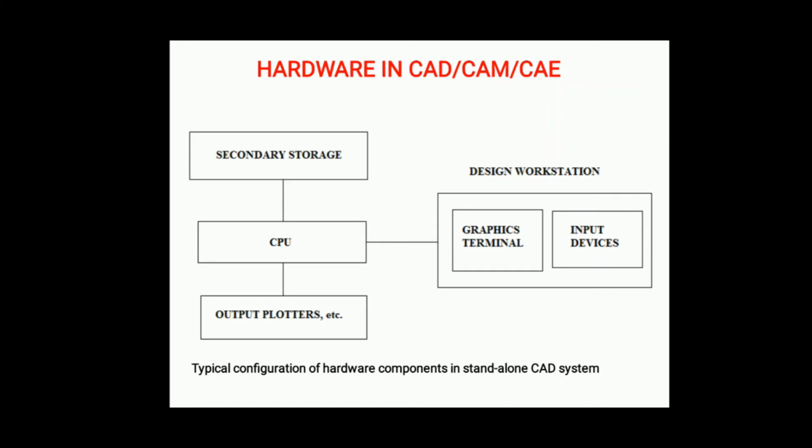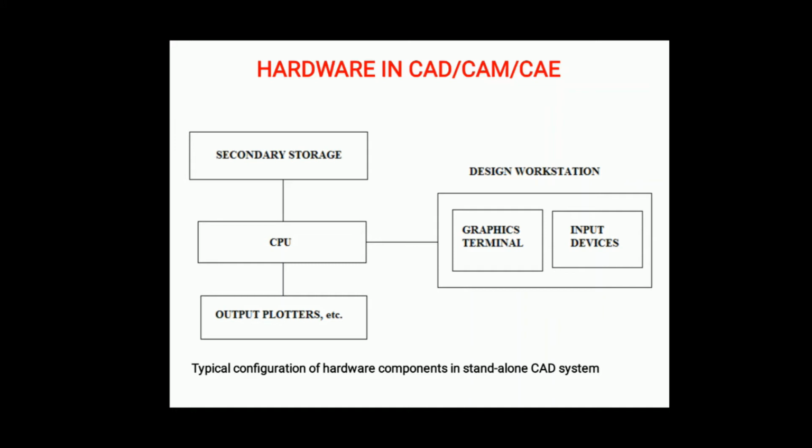Next, output devices. This includes plotters and printers which generate the output from the CAD system. Whatever we provide in the design workstation, our graphics terminal, as input, we convert into output with the help of plotters and printers. We generate the output from the CAD system.